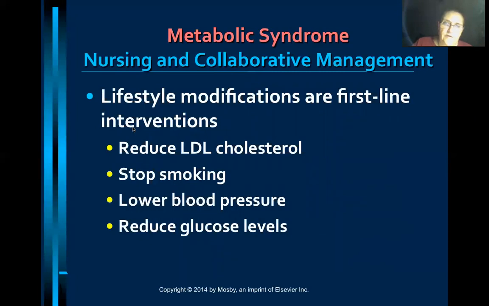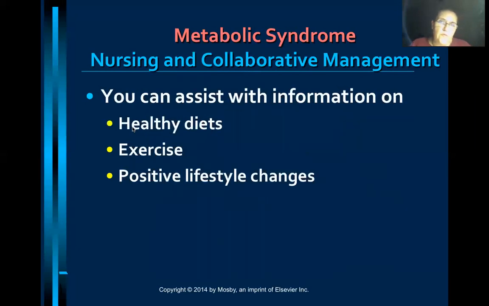Lifestyle modifications are the first line of interventions. Reduced LDL cholesterol, that's the lousy cholesterol. We want you to stop smoking. We want you to stop smoking anyway. We want to see lowered blood pressure, and we want to see reduced glucose levels. We also want to assist with healthy diets, so we educate on exercise and positive lifestyle changes.